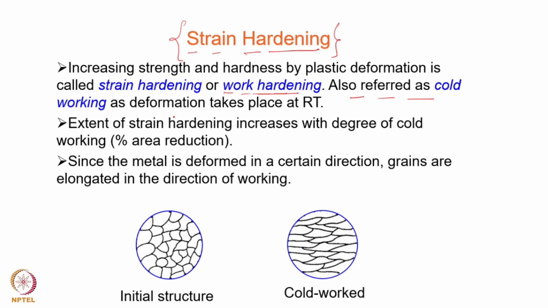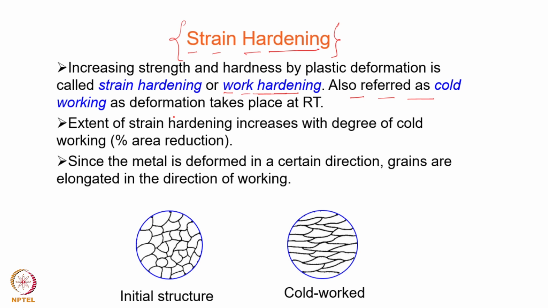Cold means a temperature which may be room temperature or some other temperature at which the recovery mechanisms cannot come into play. Recovery mechanisms means I am talking about the recovery and the recrystallization, the dislocation annihilation process starting. So cold working is the process through which you deform the material and generate additional dislocations to increase the dislocation density, and through that you obtain the strengthening, right?